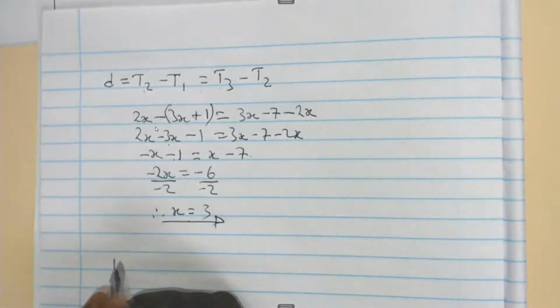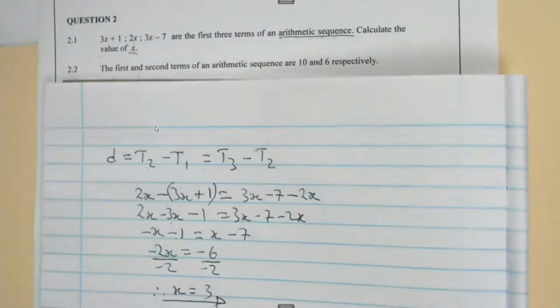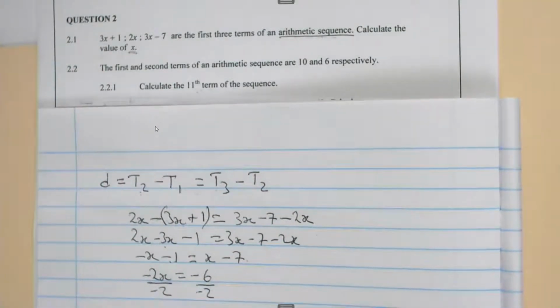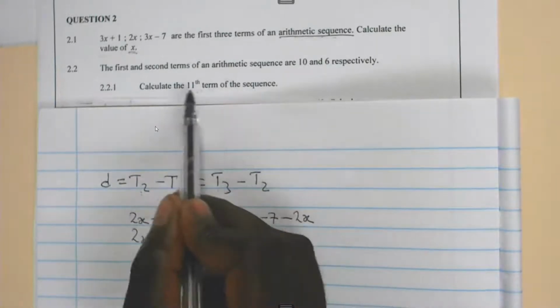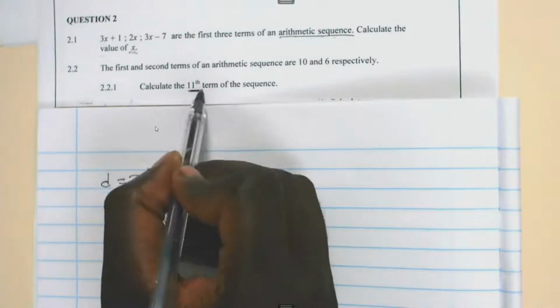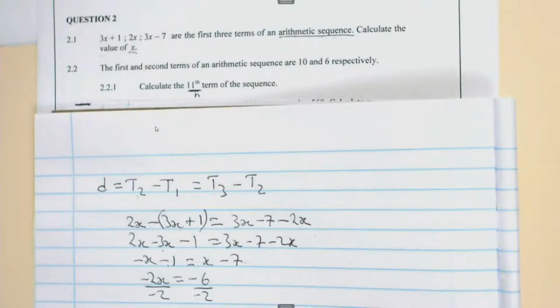Now the question says, calculate the 11th term of the sequence, meaning that our n would be 11.